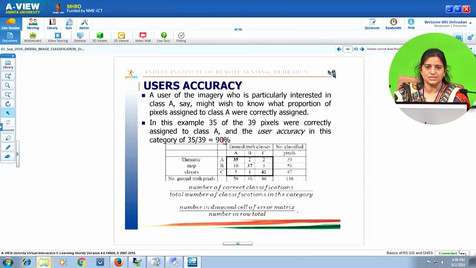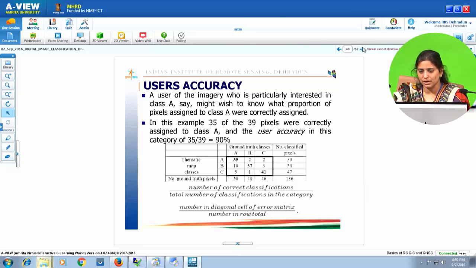So 10% would be the error of commission, where we have wrongly committed pixels to this particular class. From the user's accuracy, you can find the error of commission.